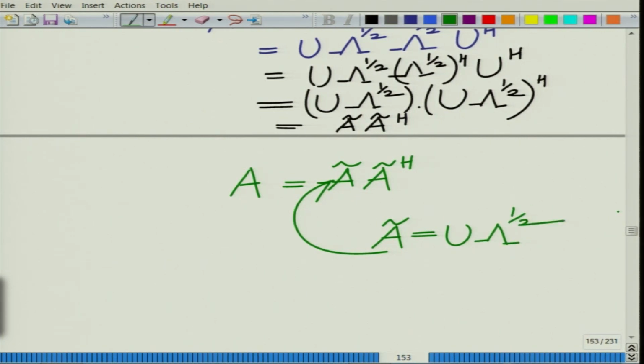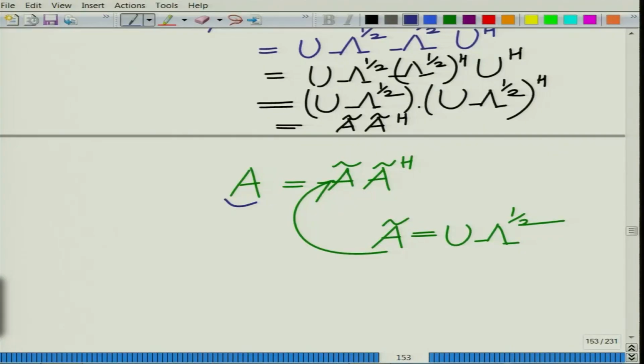So, any positive semi-definite matrix A can be decomposed as the product of two matrices, A tilde into the Hermitian of itself, A tilde into A tilde Hermitian. And this is termed the Cholesky factorization.